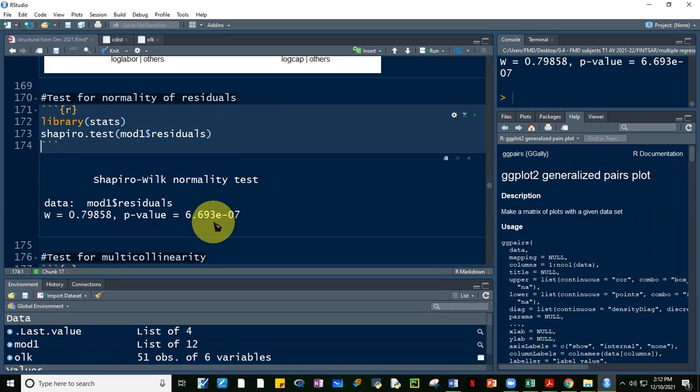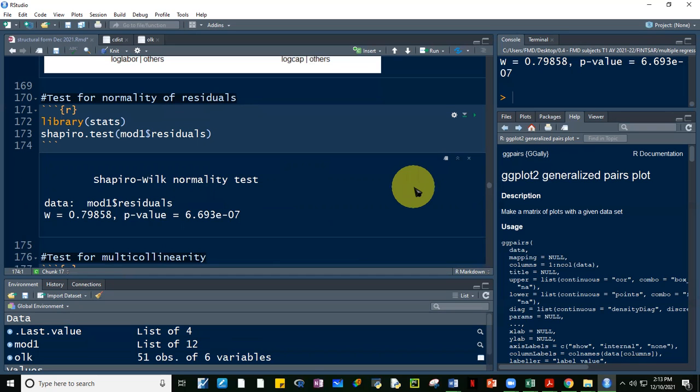Okay. Shapiro-Wilk normality test. The p-value is 6.93, less than 0.05. So what is the null hypothesis of this? I want you to research on that. What is the null hypothesis of the Shapiro-Wilk test? Because we cannot conclude without knowing the null hypothesis. Is this telling us that the null hypothesis is that the residuals are normally distributed?